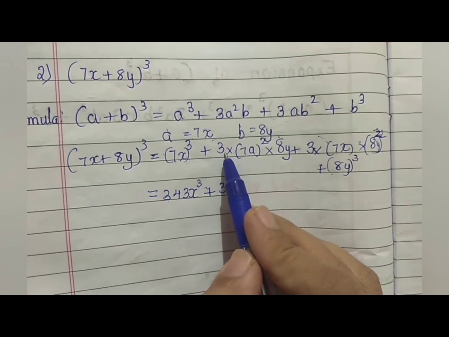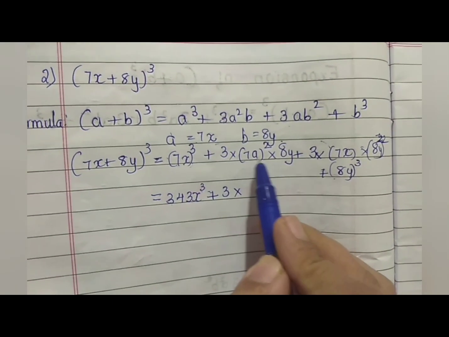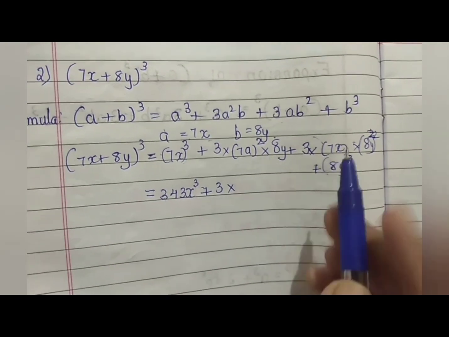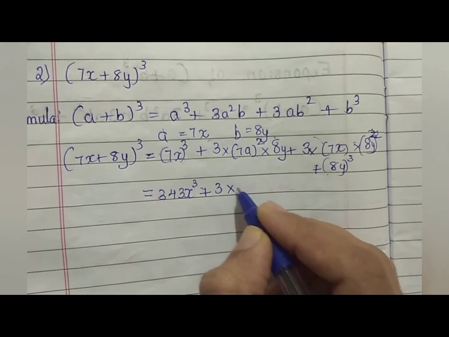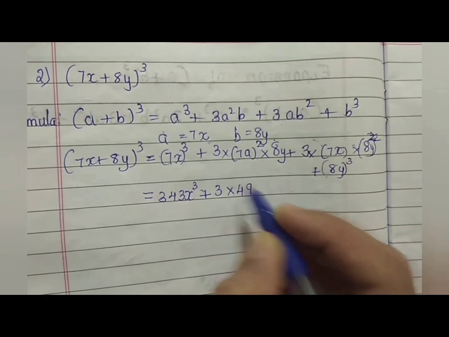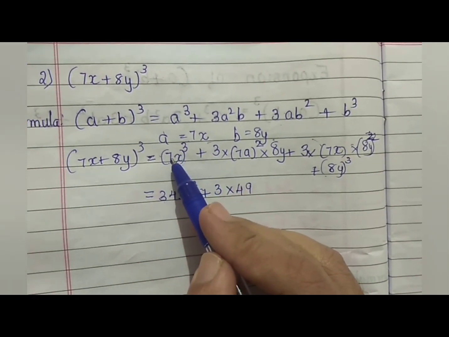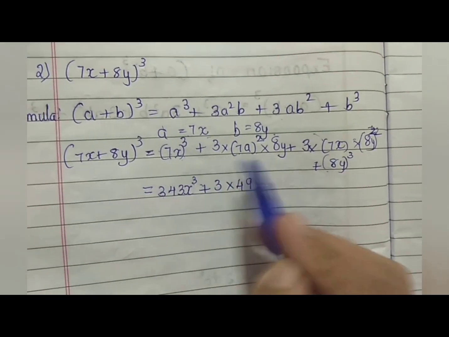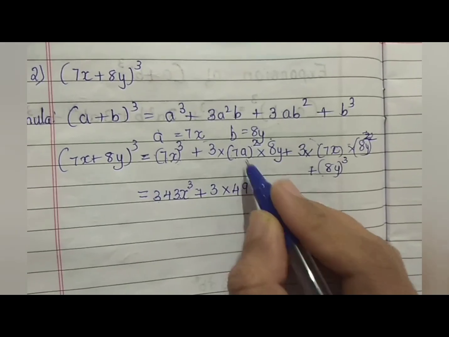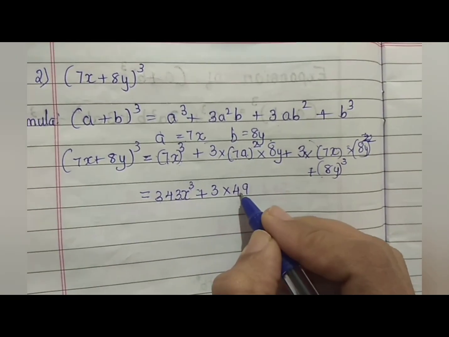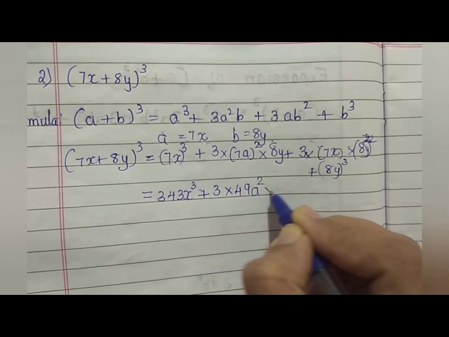You can later multiply it, or you can multiply together over here itself. 7 sevens will give you 49. Here the index is 3, so you're supposed to find the cube of this number. Here the index is 2, so you're supposed to find the square of this number. So the square of 7x will give you 49x².